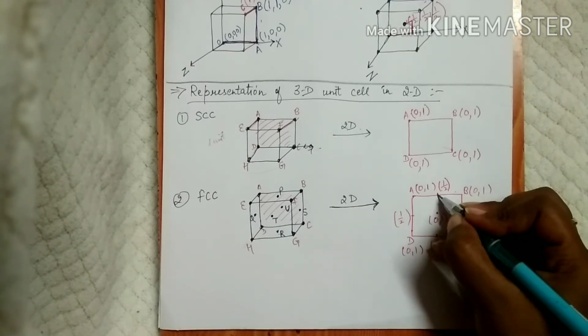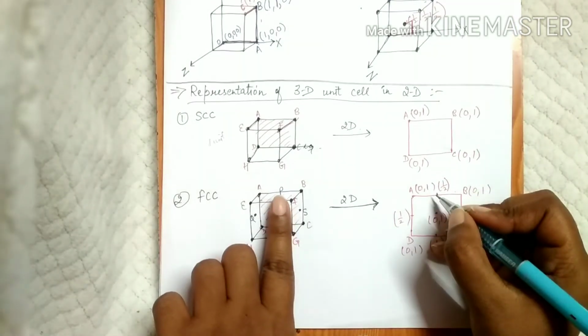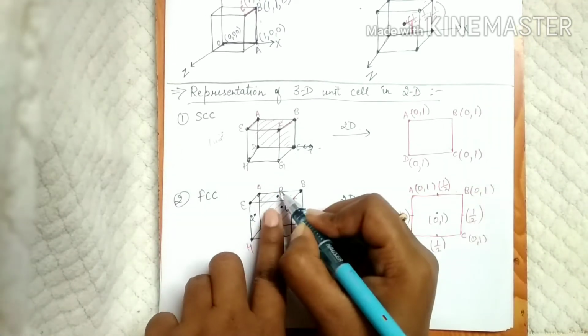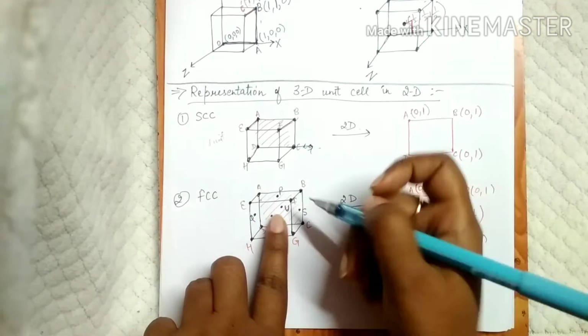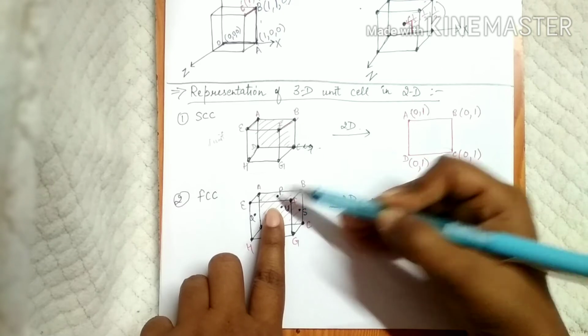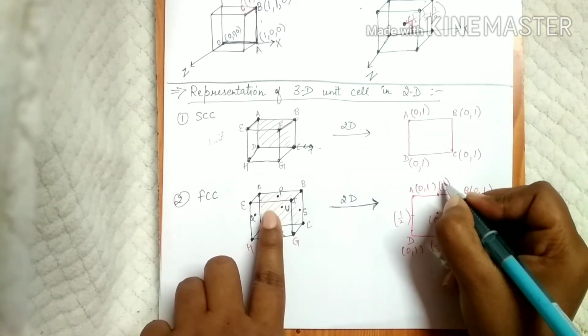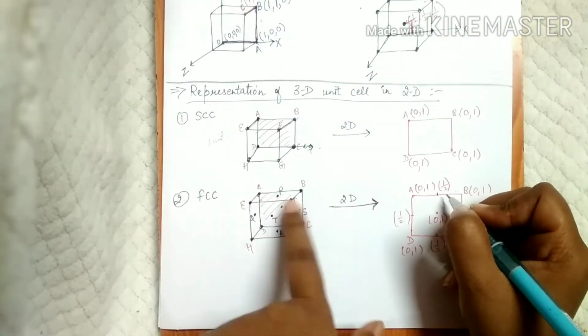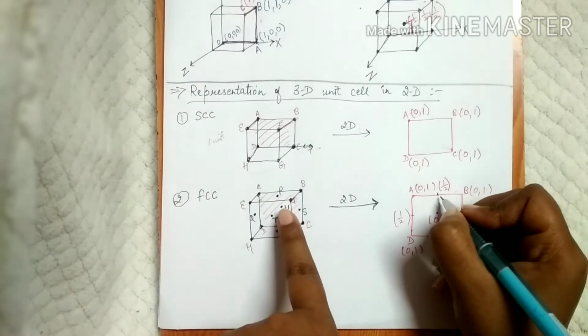For this point, suppose atom is present at face center of this upper face. So at upper face, at distance 0 there is no atom present, but at half of its distance one atom is present. So I'm only going to designate half, not 0, because at 0 position, that is at backward face, no atom is present. So this is your point P.